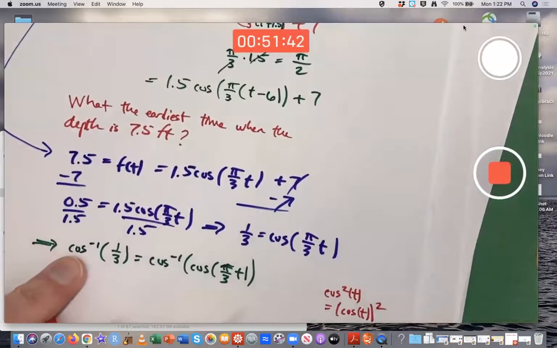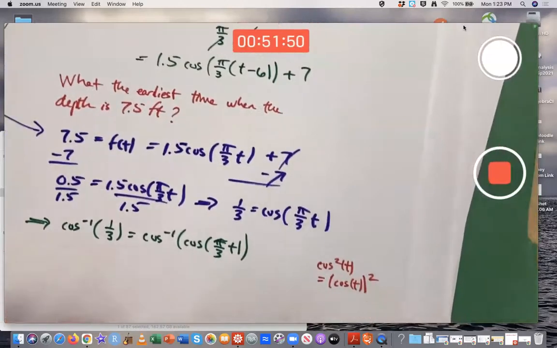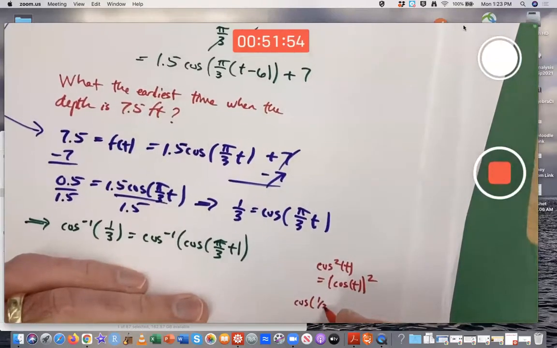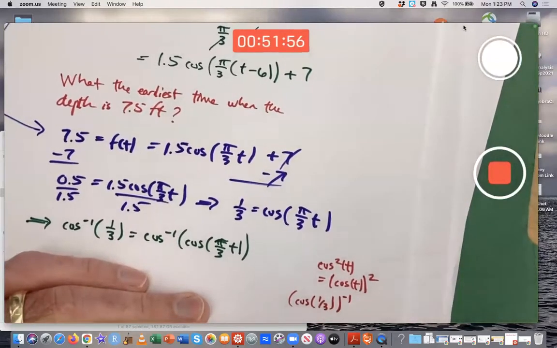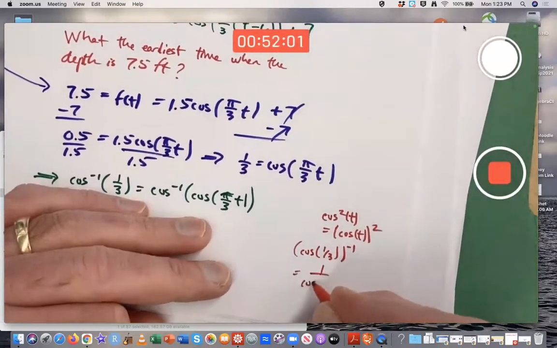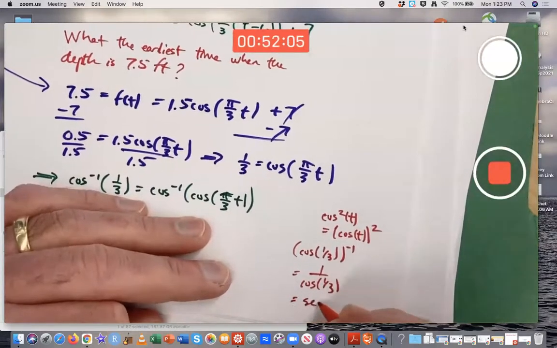But this does not mean cosine of 1/3 to the -1 power. It does not mean that. If you meant cosine of 1/3 to the -1 power, you'd either write that, or you'd write this, or you'd write secant 1/3.